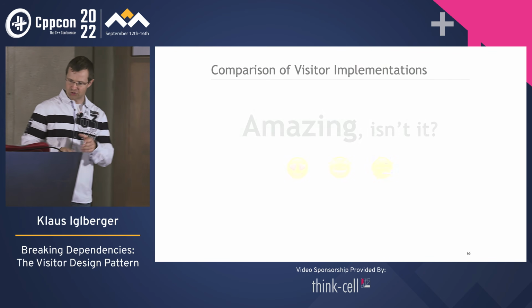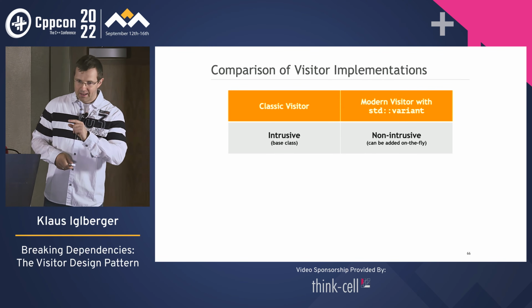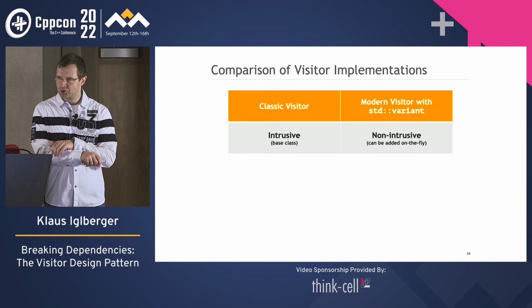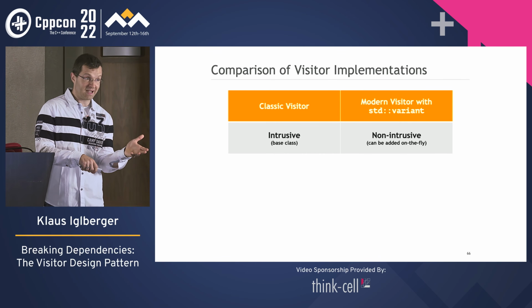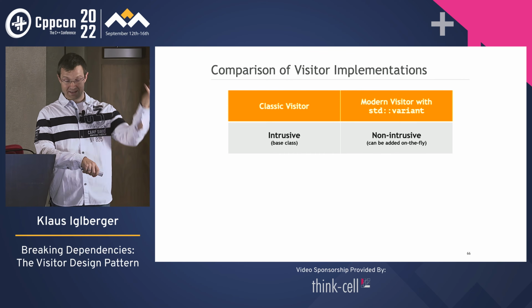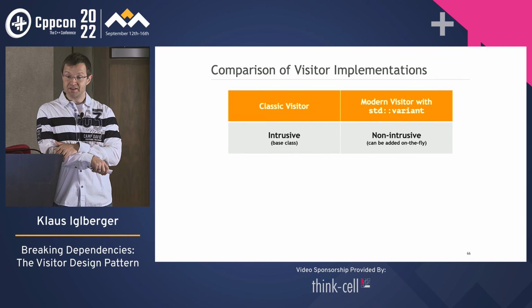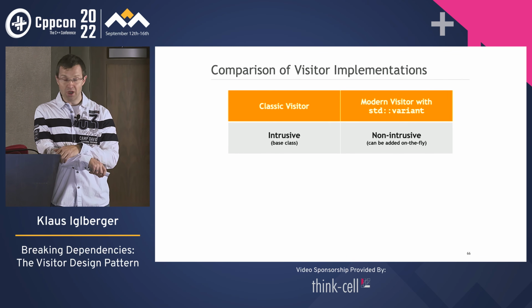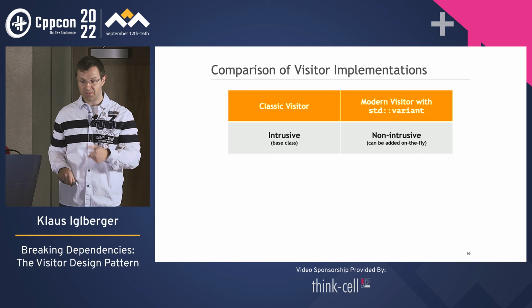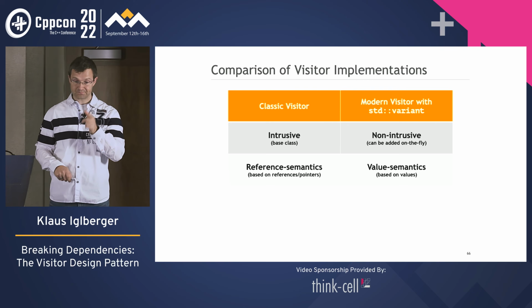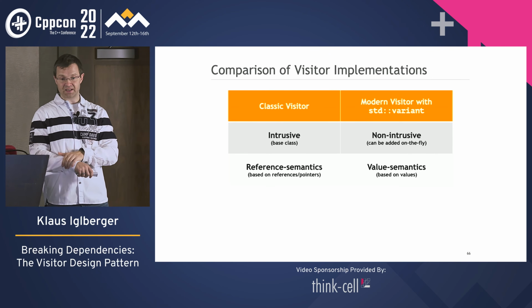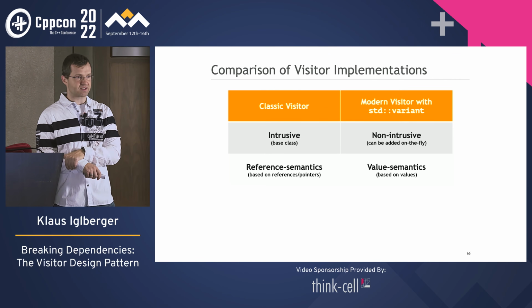And so just a short comparison. The classic visitor is intrusive. It's a base class. You cannot simply add something new. You have to change existing code if you want to do that. Whereas the modern version is non-intrusive. You can add things on the fly if you want to, both the abstractions, but also the operations. Then, the classic visitor definitely is an example for reference semantics.